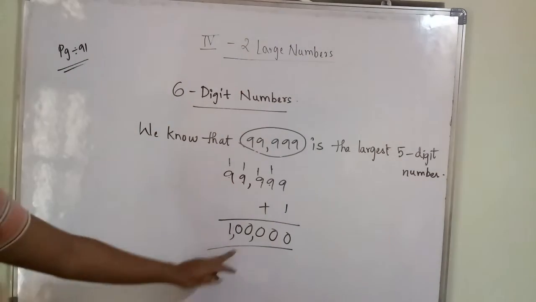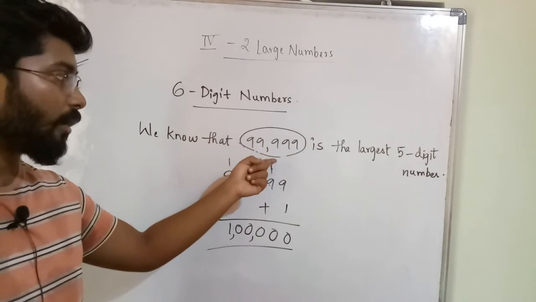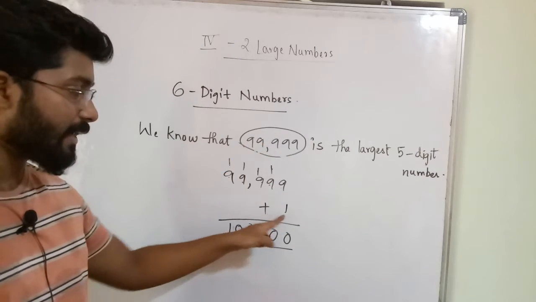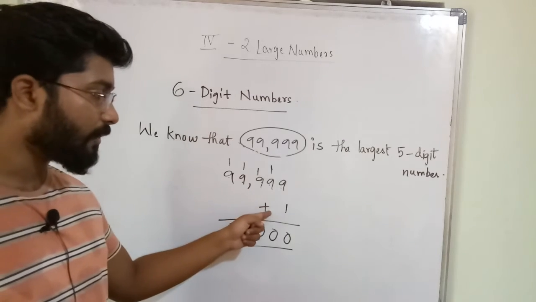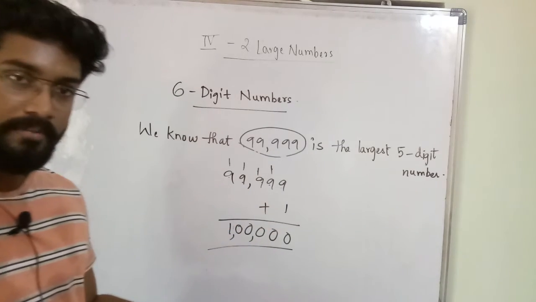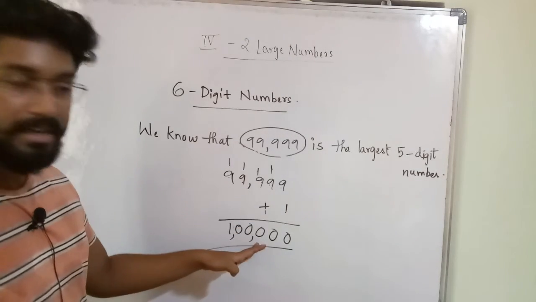From here up to here we are having 5 digits only, but after this number, when we add 1, we get the next number. The successor of 99,999 is 1 lakh only.